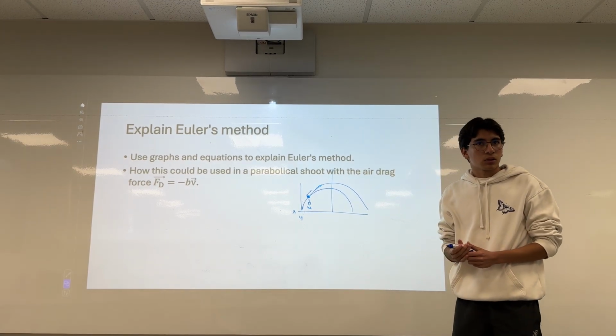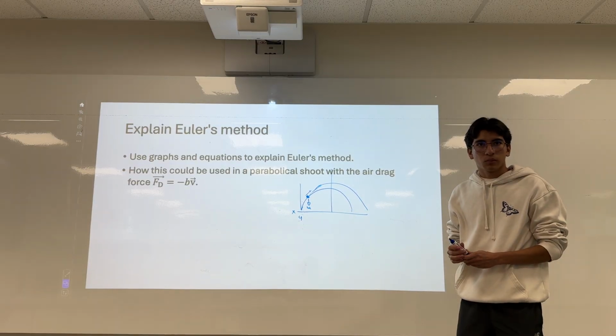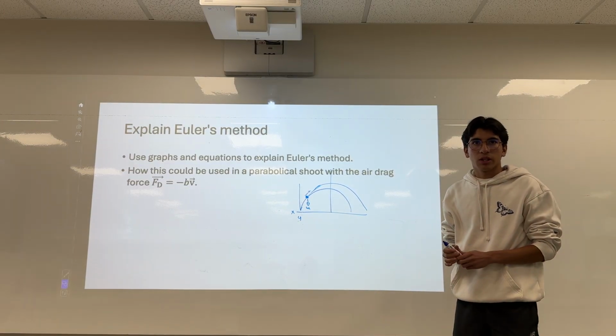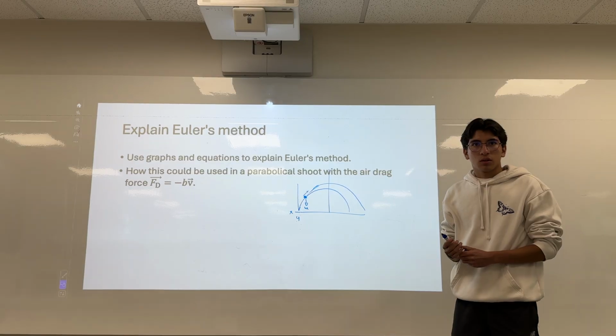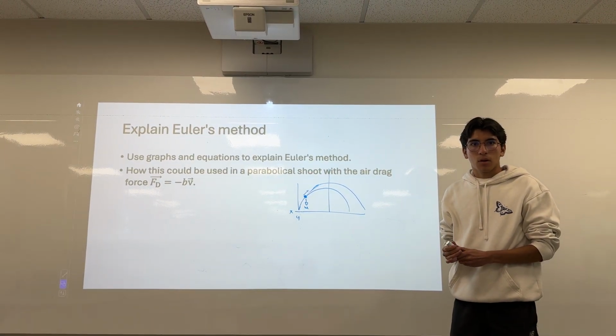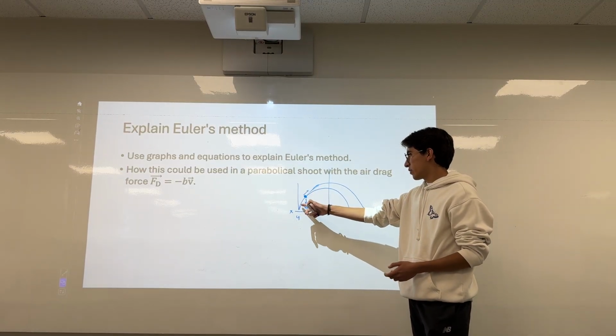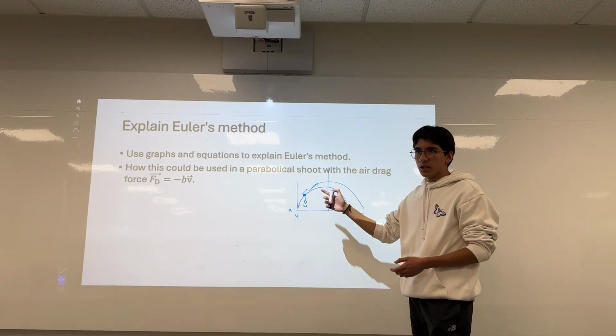Okay, so what you're saying is that given the drag force, the parabolic shoot will be different, right? Yep, it will completely change. But why do we use Euler's method instead of solving, for example, the equations? Because I think it's way easier to calculate it in each point.